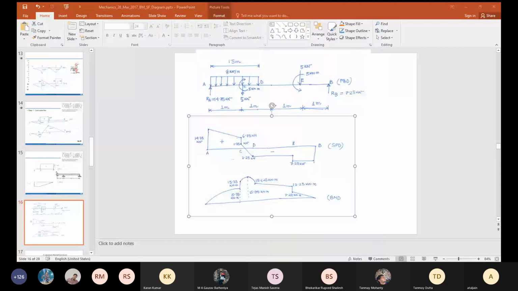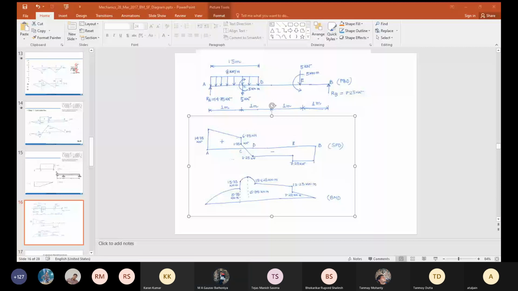M is equal to RA into X, then 8 kilonewton meter into half X square, this 5 kilonewton meter, and this 5 kilonewton into X minus 1.